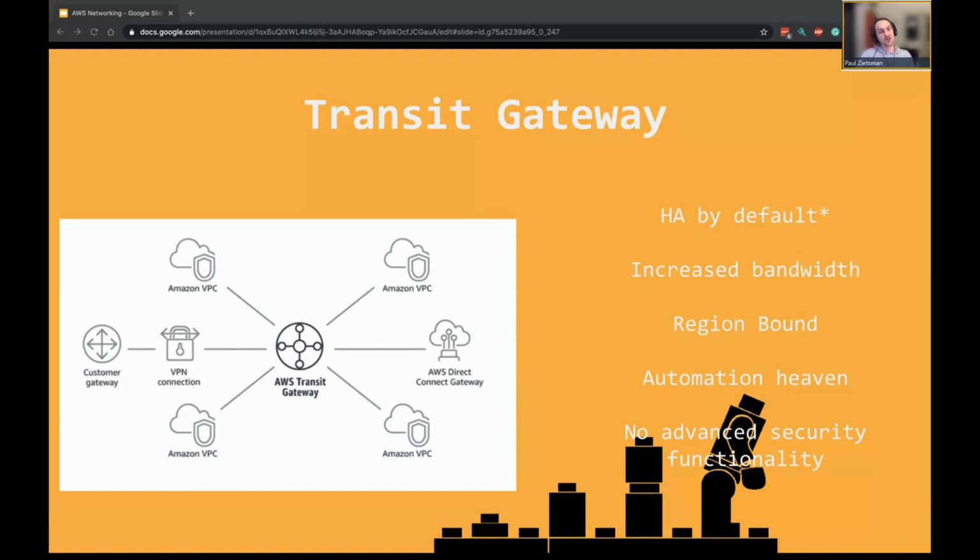The transit gateway kind of solves that, because the transit gateway service itself doesn't cost anything. You pay for the attachments. Each attachment has a per hour charge and a cost for the traffic that goes over it. But that cost lives with the VPC. So if I'm in account A and I'm connecting to the networking account with my VPC, then the costs will actually reflect on my account.